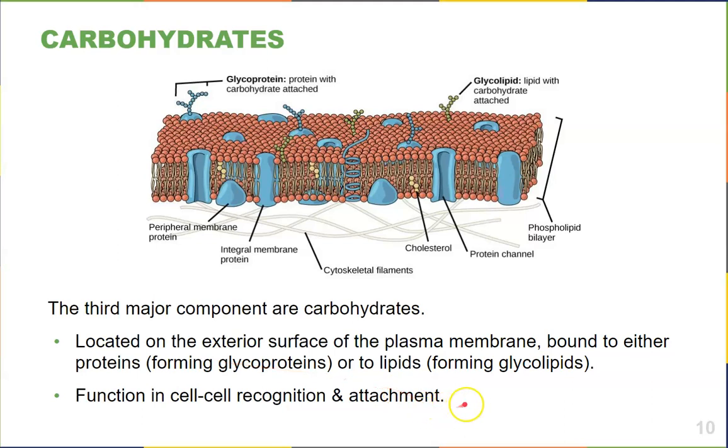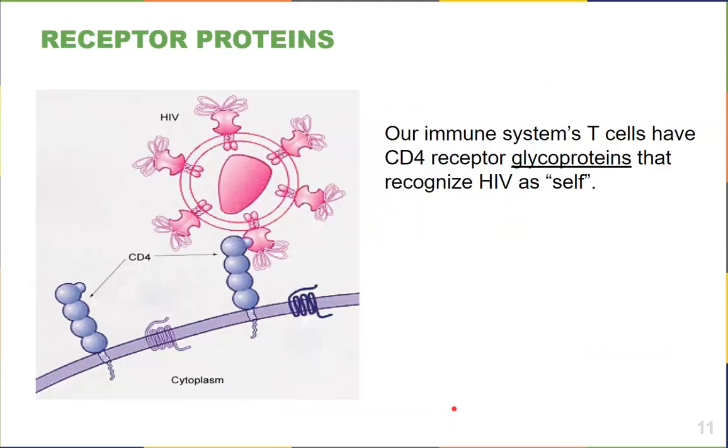Glycolipids are just used in recognition. They are used for binding, cell-to-cell recognition, and also attachment. So carbohydrates are mostly present on the exterior of the membrane. They act again as a receptor or a recognition site.